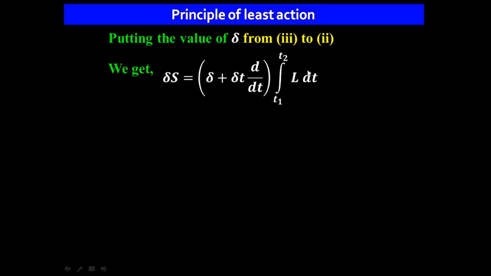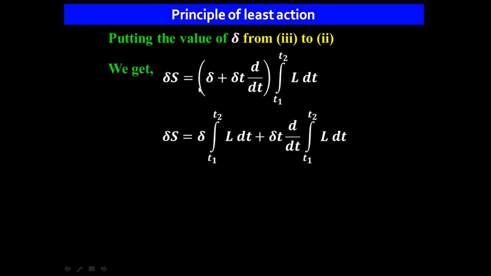Now we will solve this bracket. The first term and the second term both act on the integral, so we get delta S is equal to delta of the integral from T1 to T2 of L dt, plus delta t d by dt of the integral from T1 to T2 of L dt. Now we will bring these terms inside the integral.